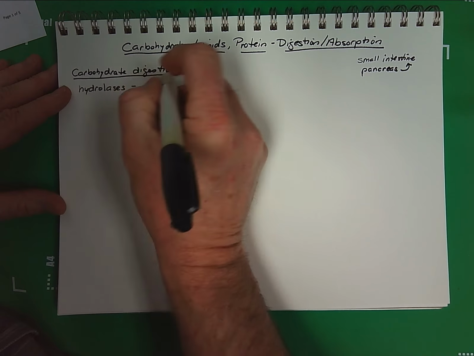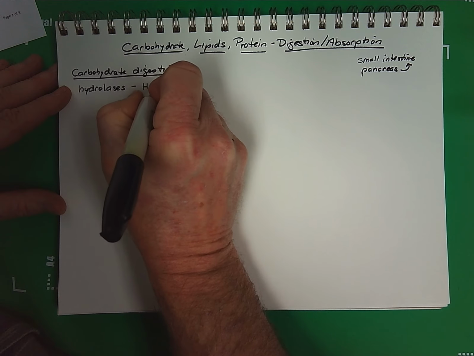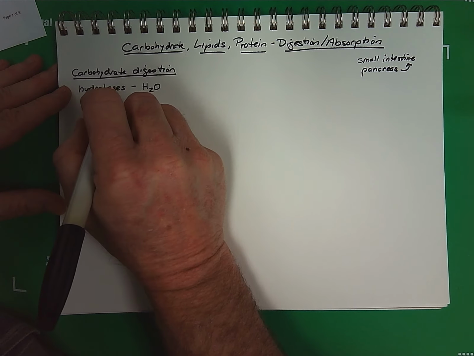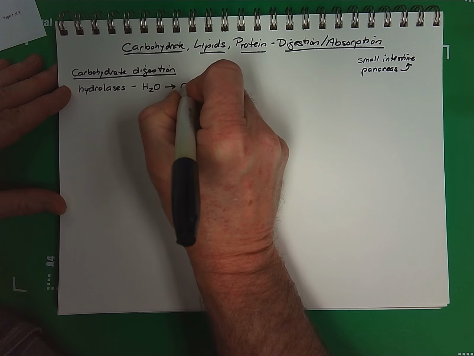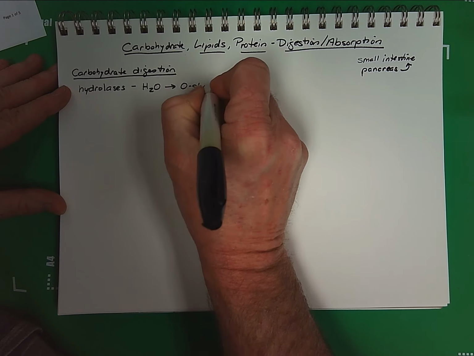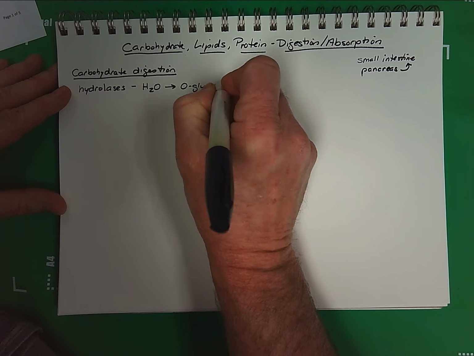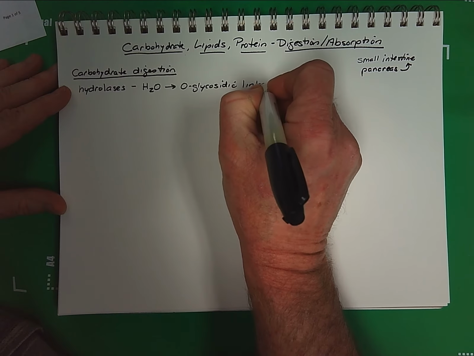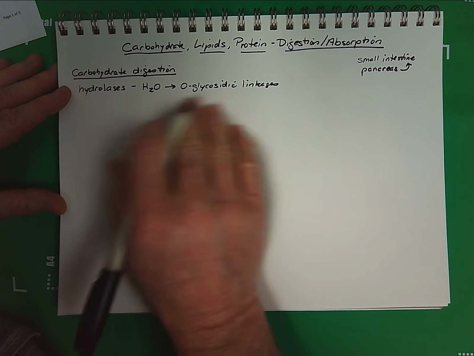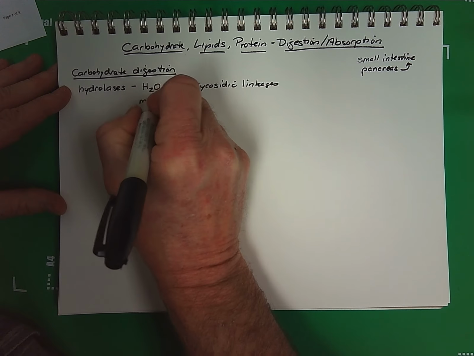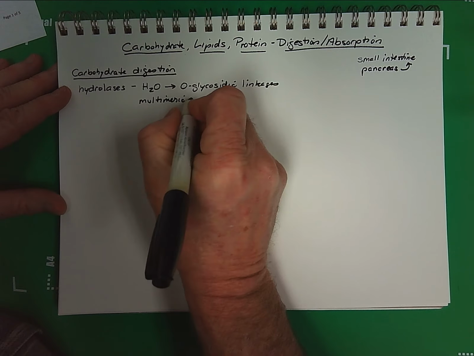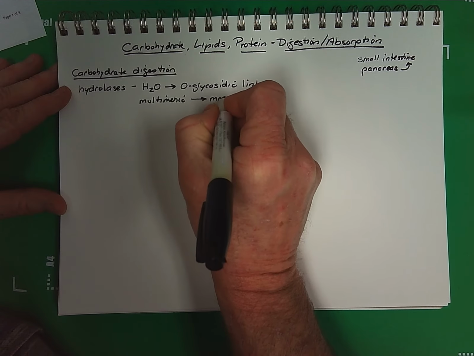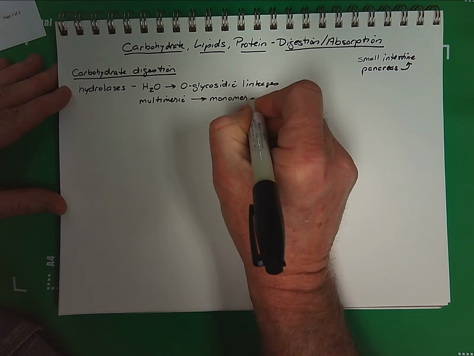Hydrolases simply mean the enzyme is able to take water and break O-glycosidic linkages and take multimeric carbohydrates and break them down into their monomer structures.